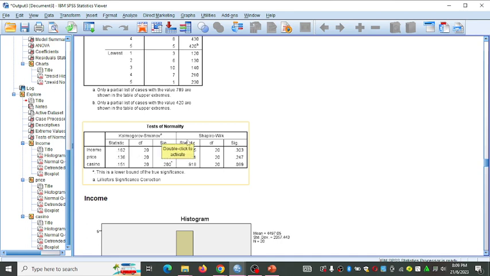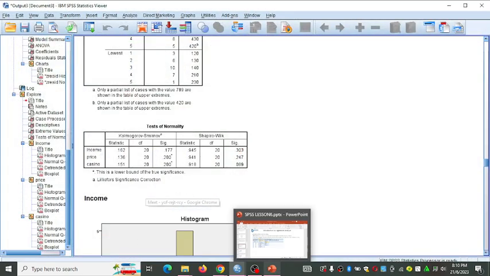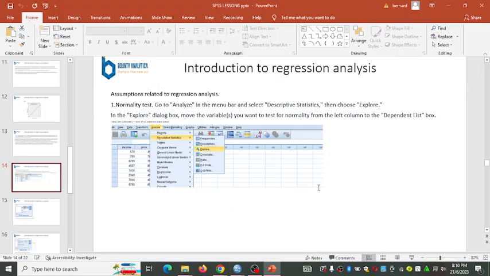From Kolmogorov-Smirnov, the significance value is 0.177, which is greater than the significance level. For price the same, for casino the same. Using the Shapiro-Wilk, the significance values are all greater than 0.089. Okay. Now, how do we interpret those outputs?